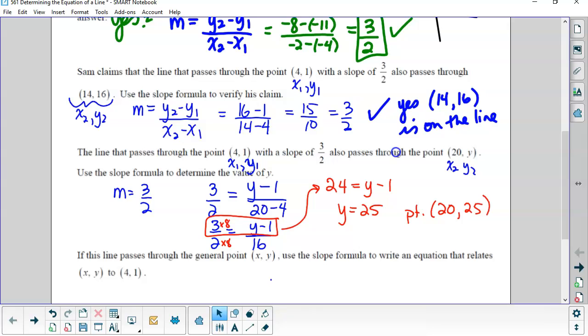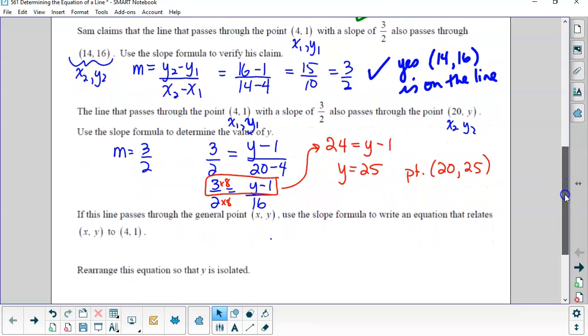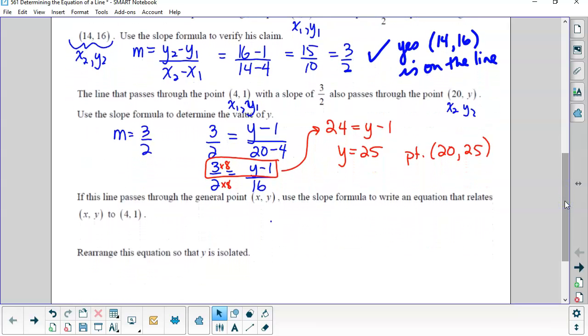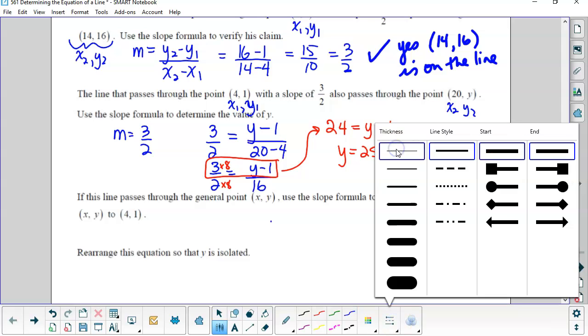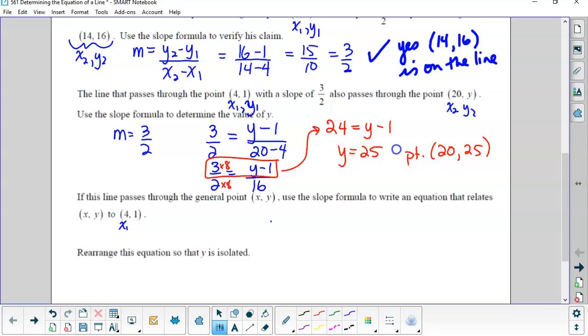If this line passes through the general point (x, y), use the slope formula to write an equation that relates (x, y) to (4, 1). So now this is my first point, because we've been doing that all along, x1, y1, and this will be my x2, y2.